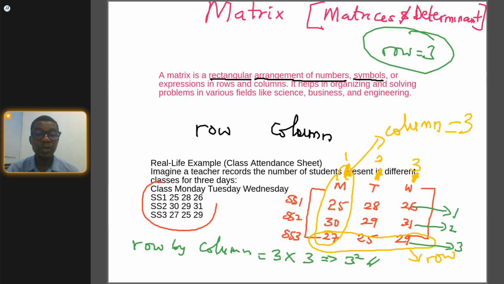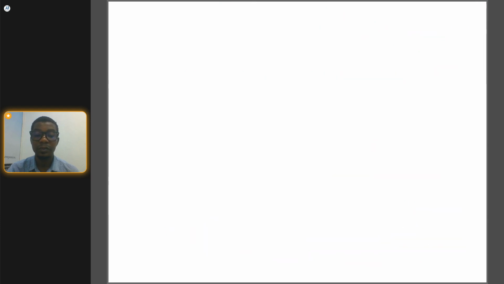Okay, let's move on to the tricks and the hints needed when multiplying, dividing, adding and subtracting matrices. Permit me to wipe the board. Okay, we want to consider the tricks.